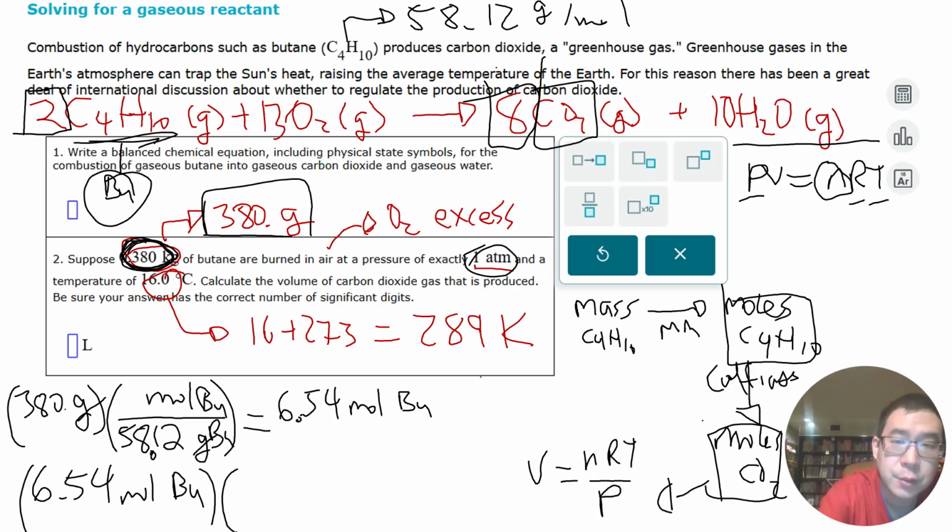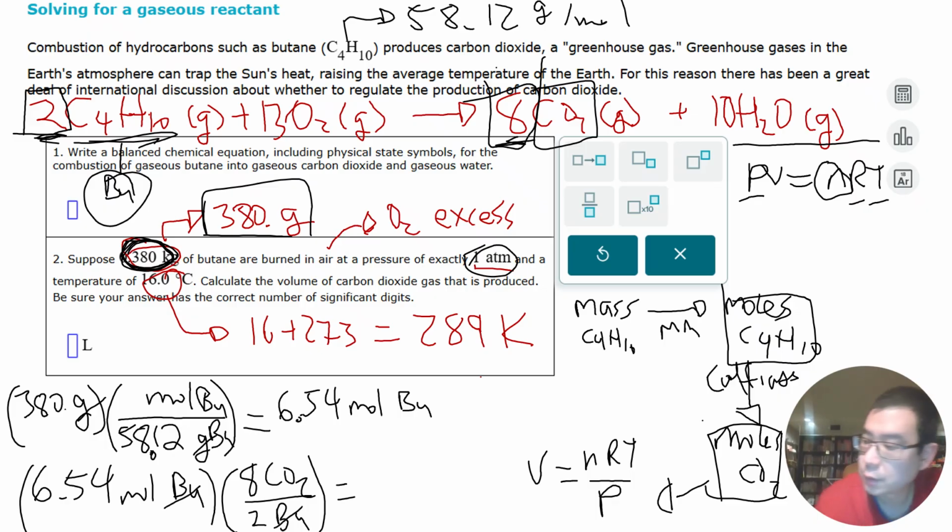And then what I want is the CO2, so I do the 8. What I have is the 2 butane, so I do 1 over 2, and I get 6.54 times 8 divided by 2. That gives me 26.2 moles of CO2.